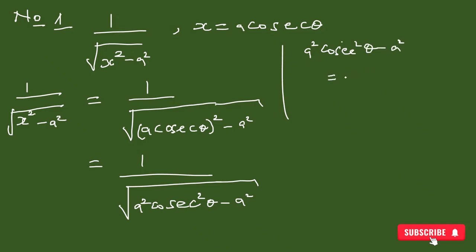You see that a squared is a common factor. When we factor it out, we remain with cosec squared theta minus 1.